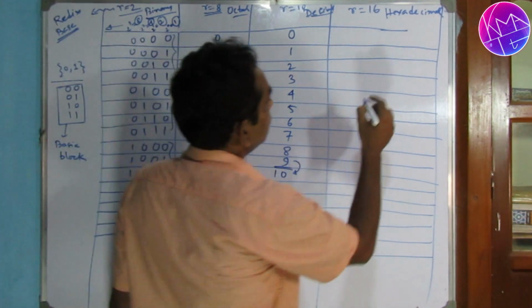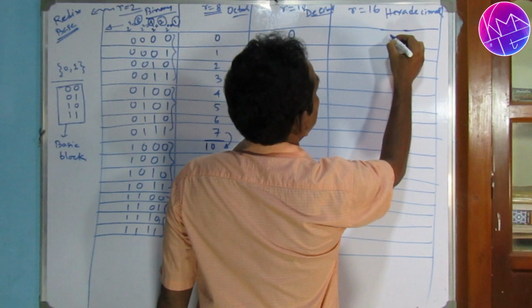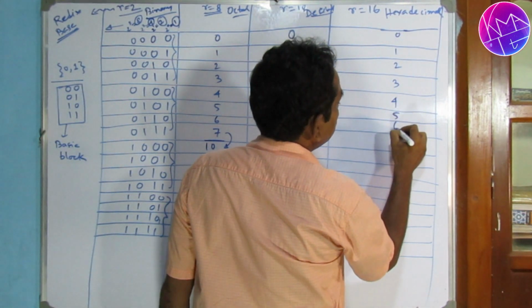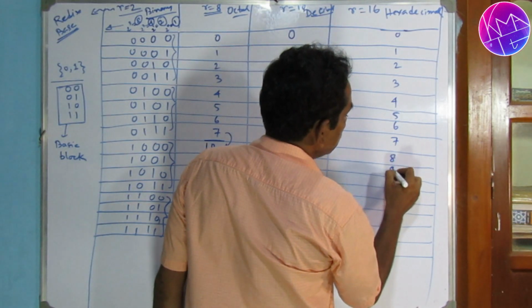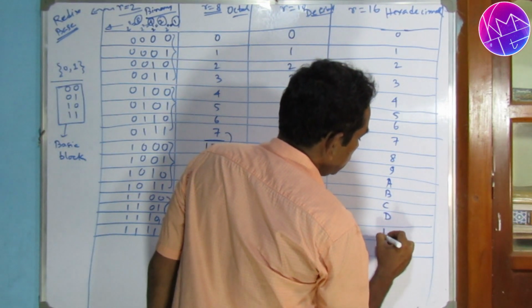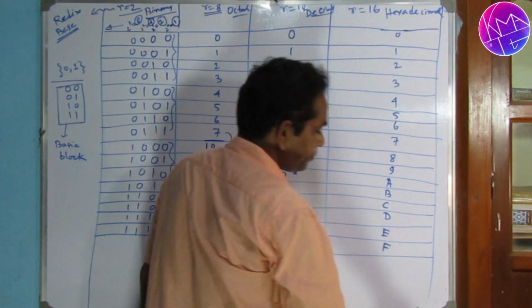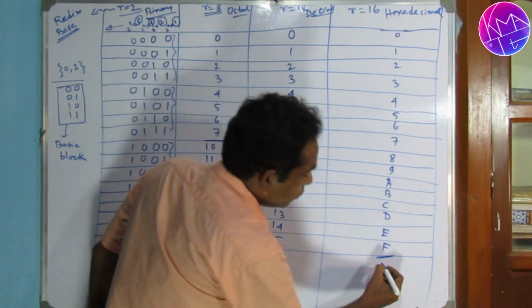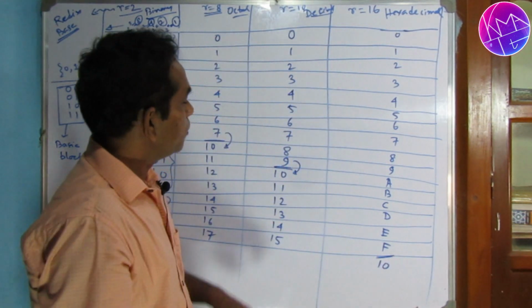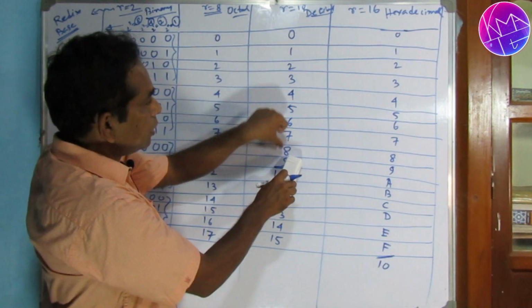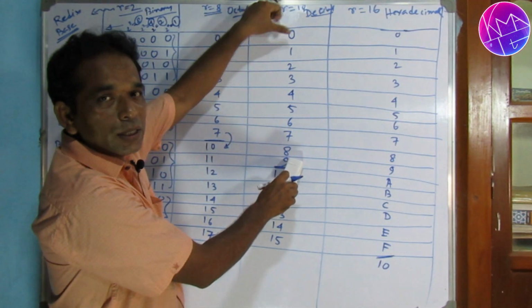Now let's complete the hexadecimal part: 0, 1, 2, 3, 4, 5, 6, 7, 8, 9, A, B, C, D, E and F. Now after F, 10 will come. Just like you can see 0 to 9, the distinct digits within the set are over.